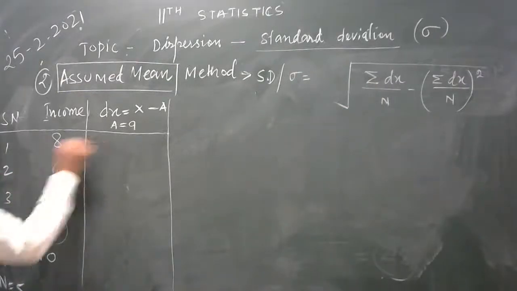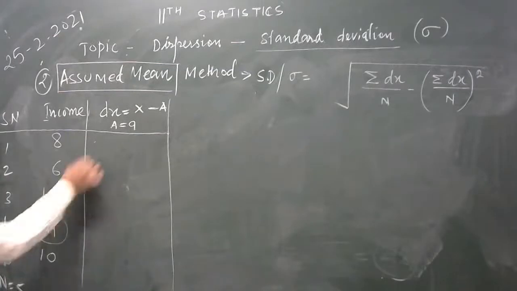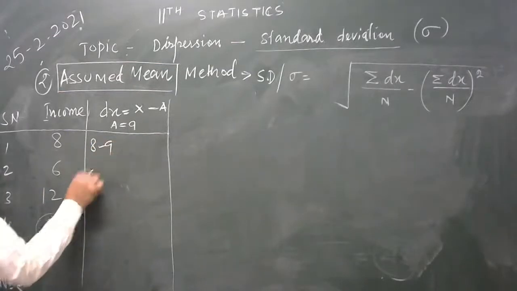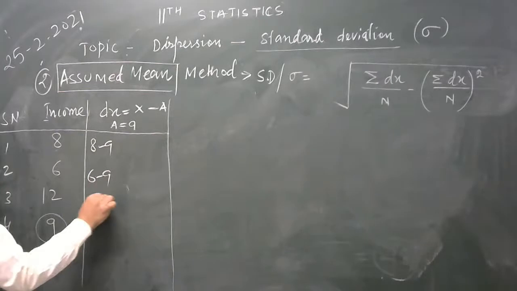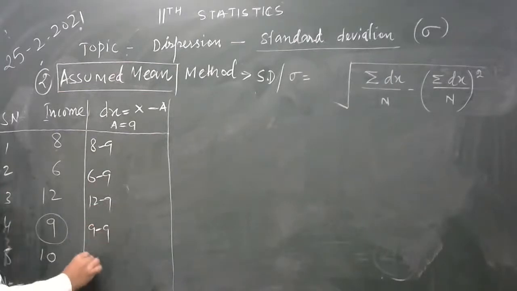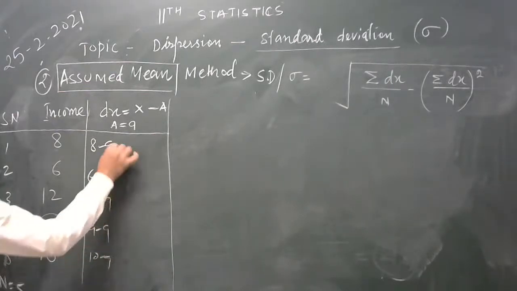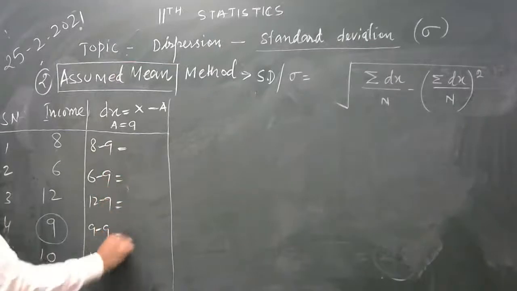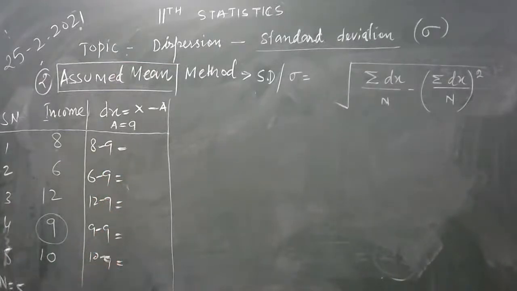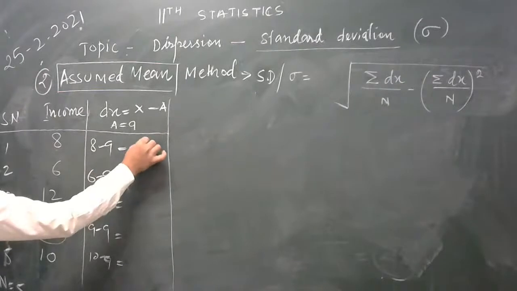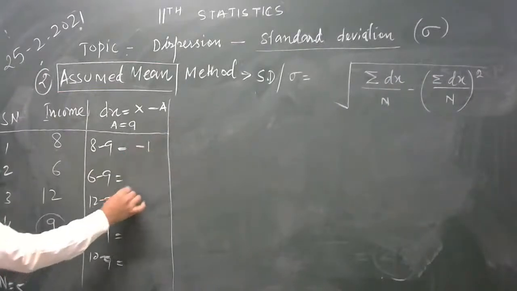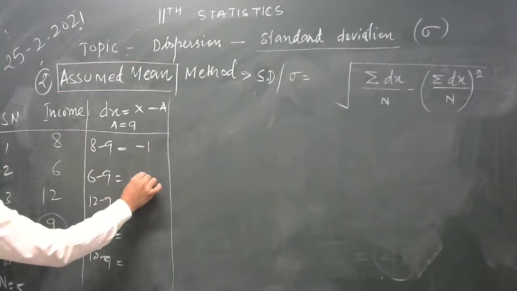Now the next step is deviation. So 8 minus 9, 6 minus 9, 12 minus 9. Let me know the values. First one, minus 1. Minus 3.